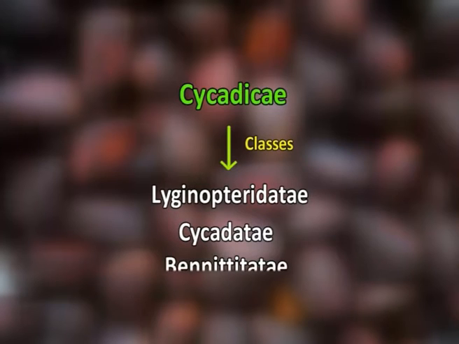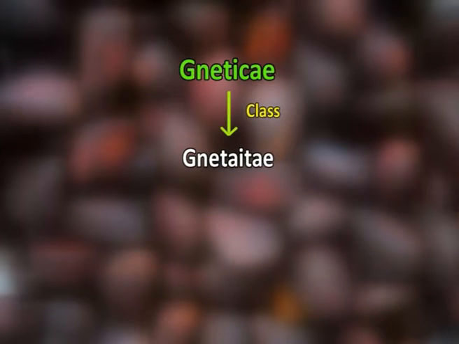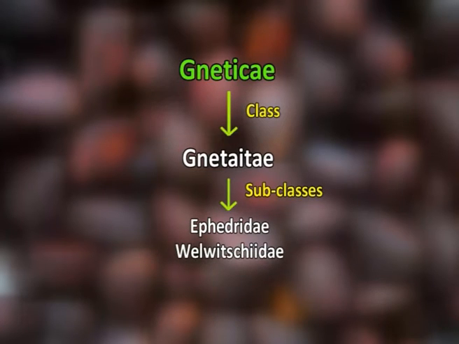Cycadata, and 3. Bennettitata. The subdivision Pinici was divided into 2 classes, Gingoata and Pinata, while the third subdivision, that is Gnetici, was divided into a single class, Gnetata, and 3 subclasses: 1.